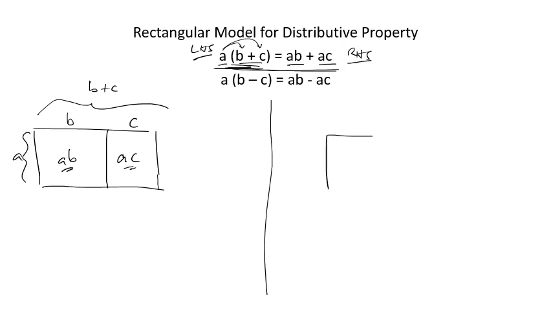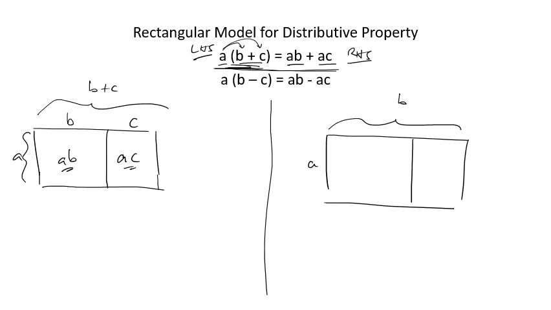Now, the same thing can be done for the subtraction version, the difference version, but we have to set this up a little bit differently. So here's our full thing, which is B and then minus the C. And what we're looking for is this area here, right?